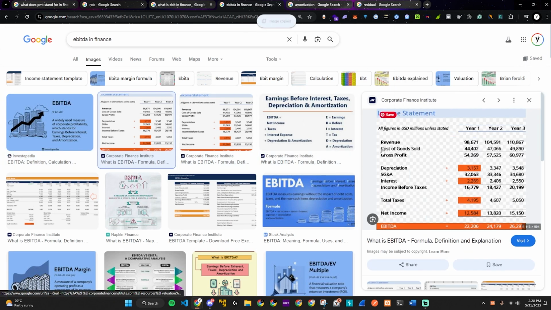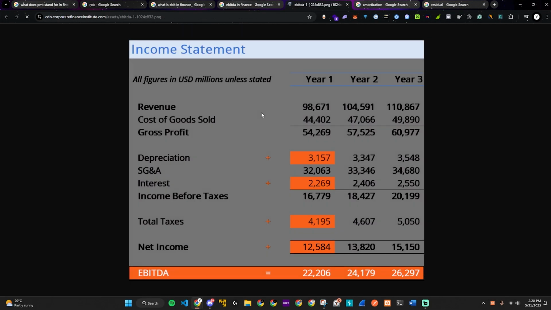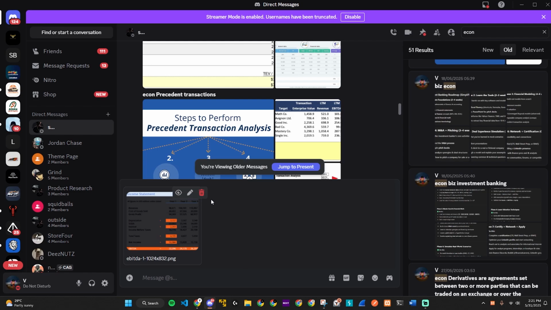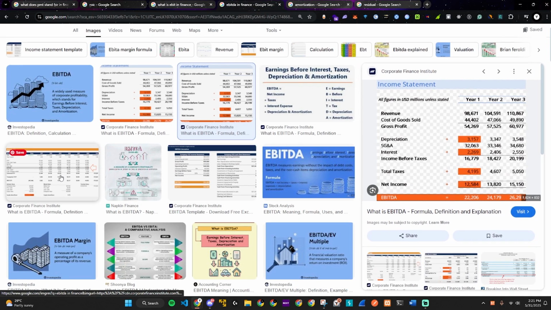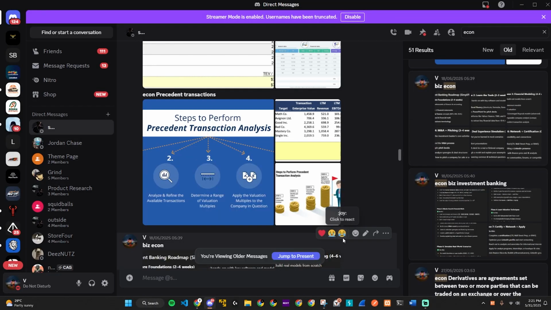Interesting. So let me just grab this as well, so I can refer. And this is more EBITDA, a measure of a company's profitability, earnings before interest, taxes, depreciation, amortization. Right. This is a very convincing picture.